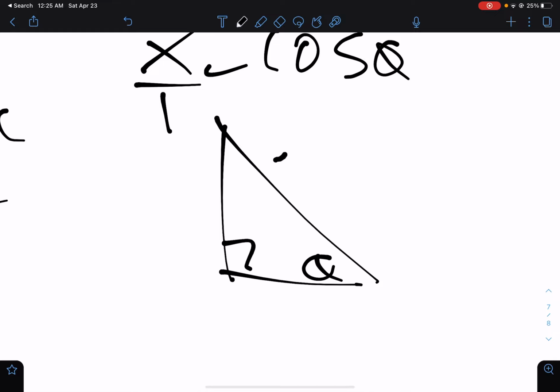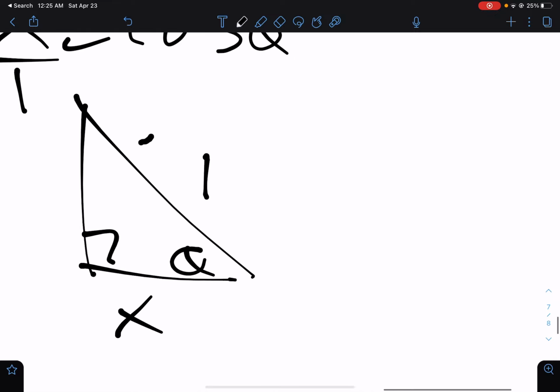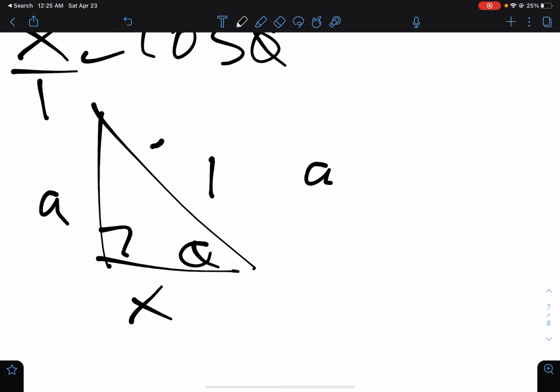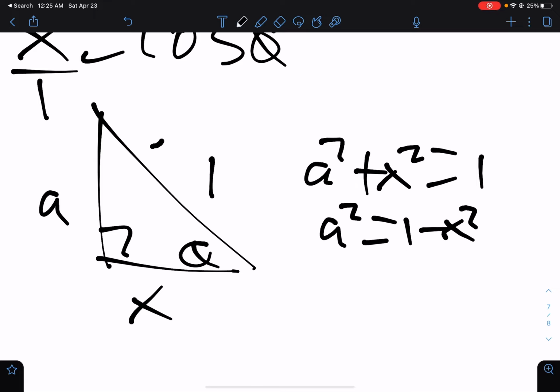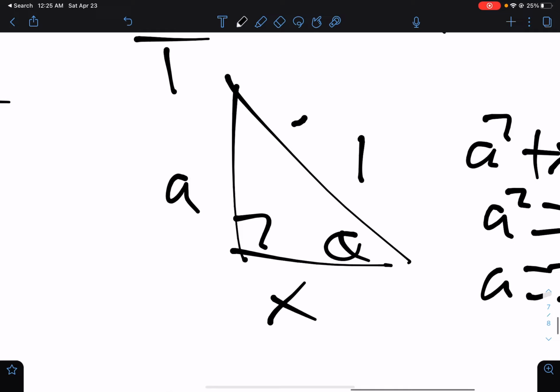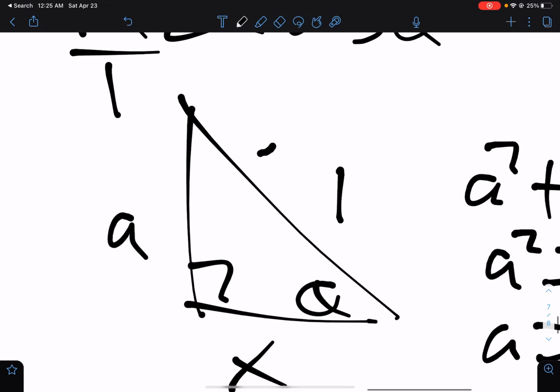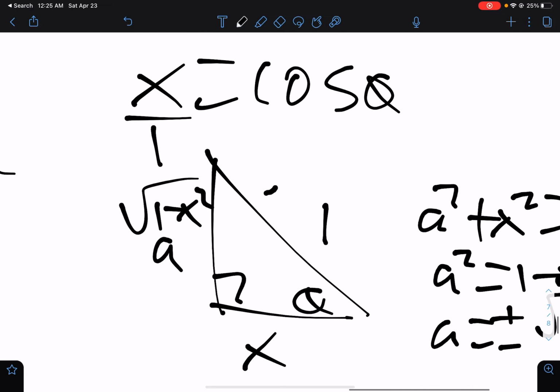So you could write it like this. And so, this is side a, so a squared plus x squared is 1. So if you solve for a, a squared is 1 minus x squared. So a is plus or minus the square root of 1 minus x squared. Because we're dealing with length, it must be positive. So it's the square root of 1 minus x squared.